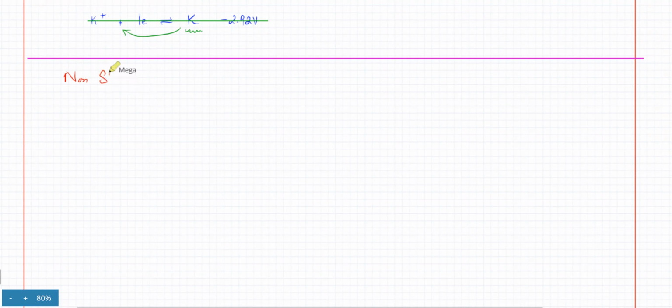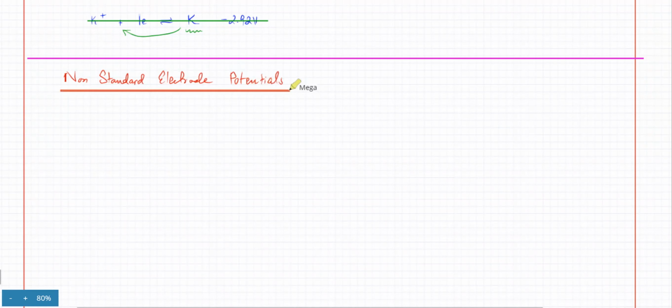So what do non-standard electrode potentials mean? It means that the reaction is not happening under standard conditions.